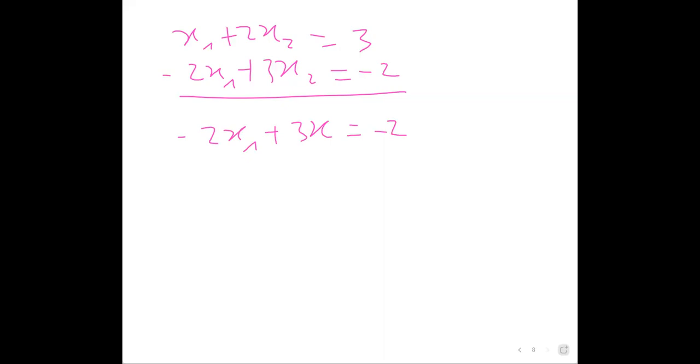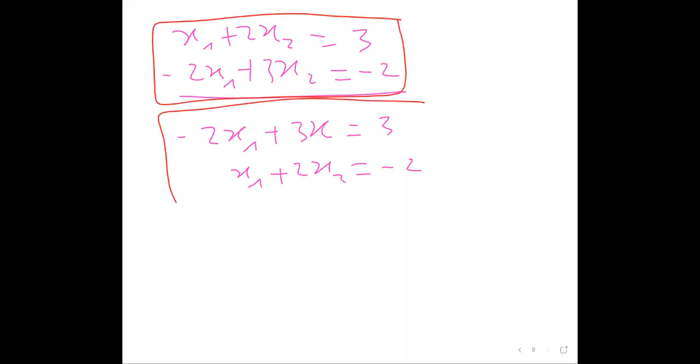But let me not talk about the right-hand side. Then you have done a row exchange, so you have x1 plus 2x2. If you do not do the same row exchange on the right, then this system here is not the same as this system.